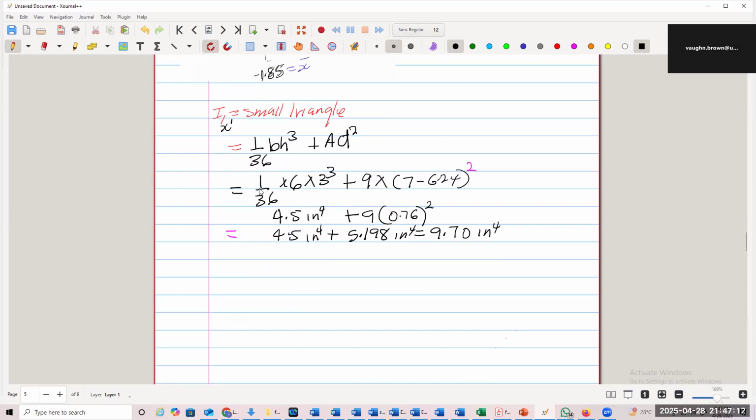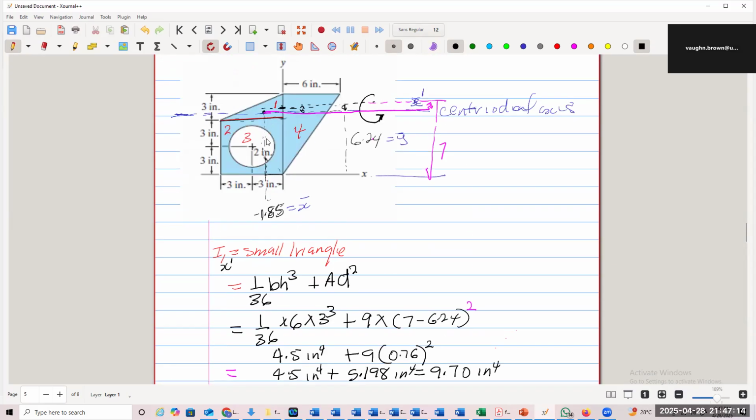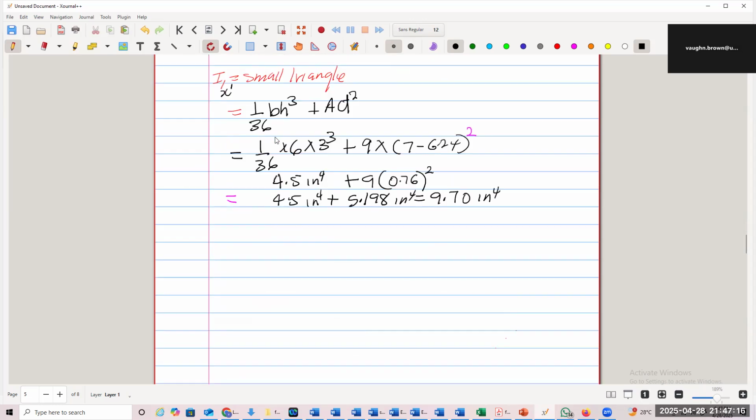Next one, same treatment. Let's go again. Next one is a square. Inertia of a square, what it takes. I will call it inertia 2, of the square.